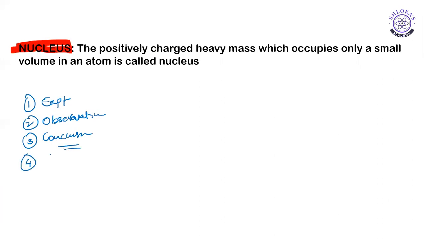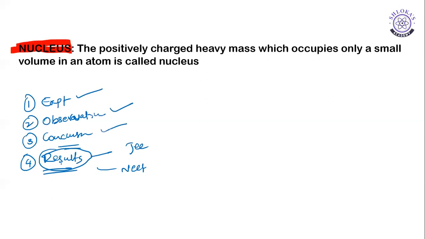The fourth, which we still have to discuss, is the results of this Rutherford atomic model. From these results, we can expect questions for JEE Mains or Advanced, as well as for NEET. The results are very important.